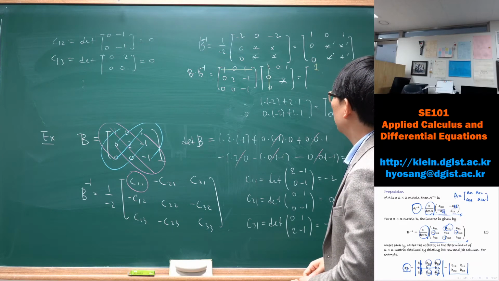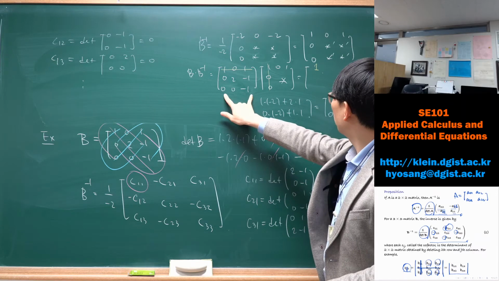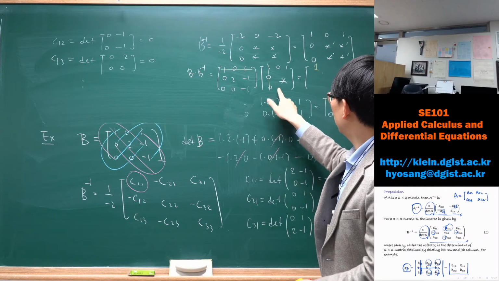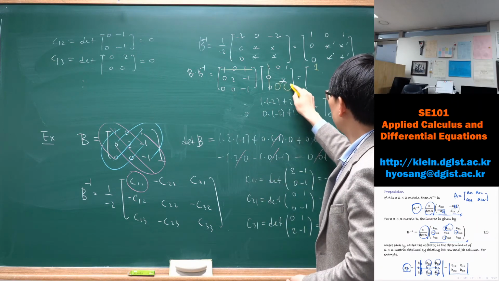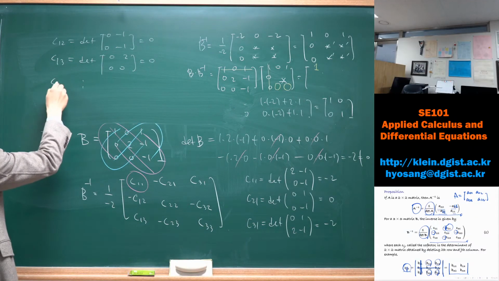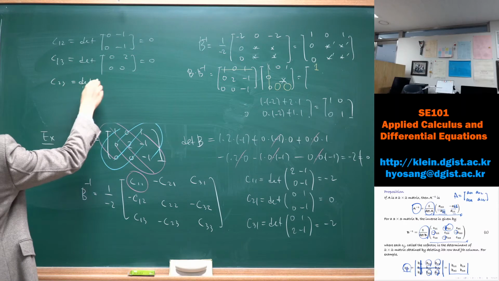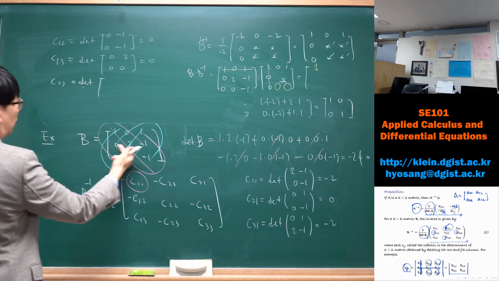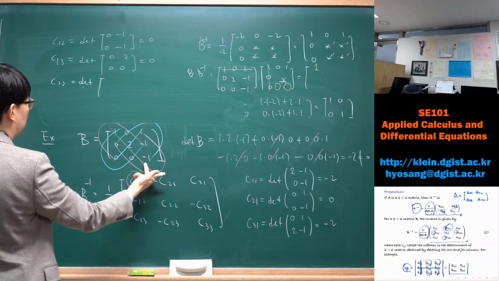I have to do the other ones. Well, let's try to find out what this part is. So what's the C23? C23 is the determinant of deleting the second row, third column.